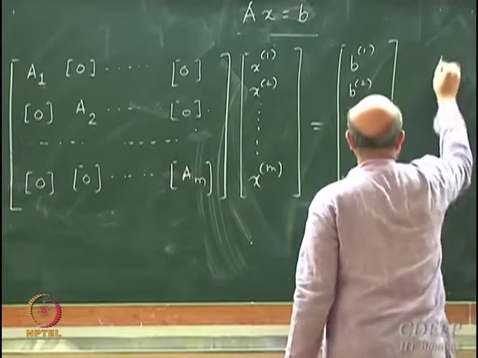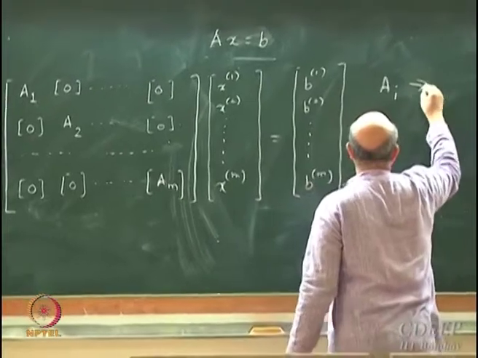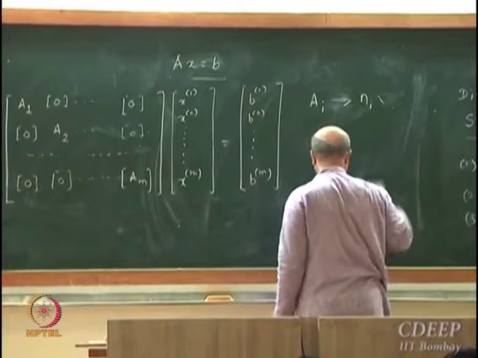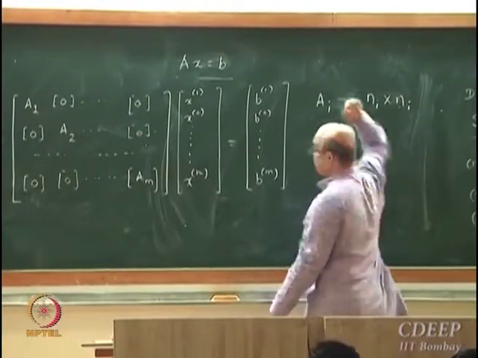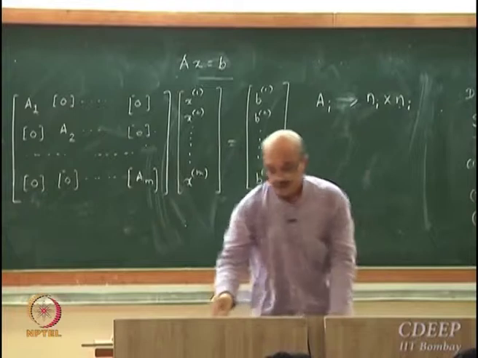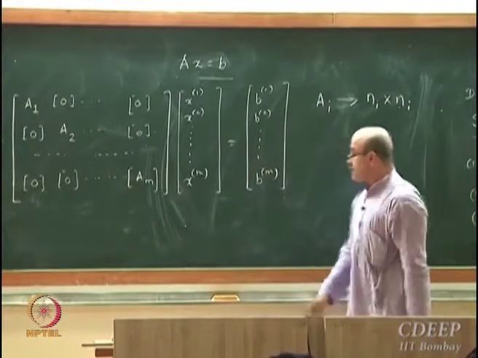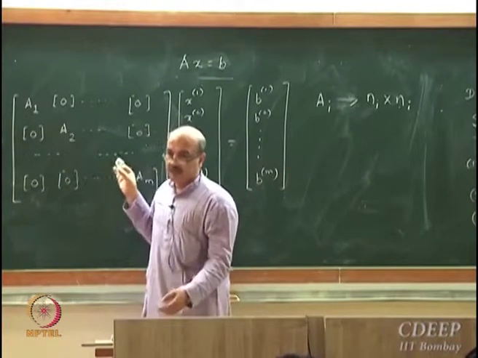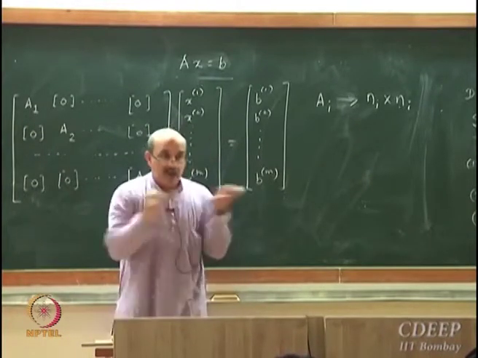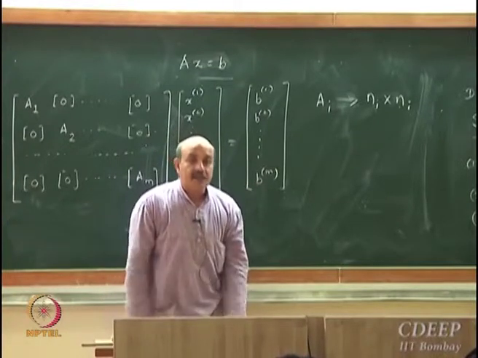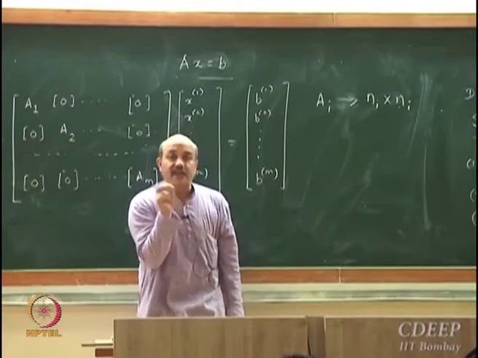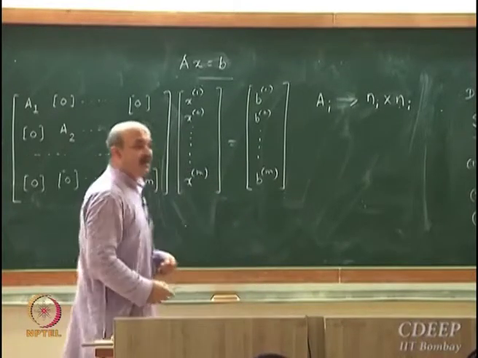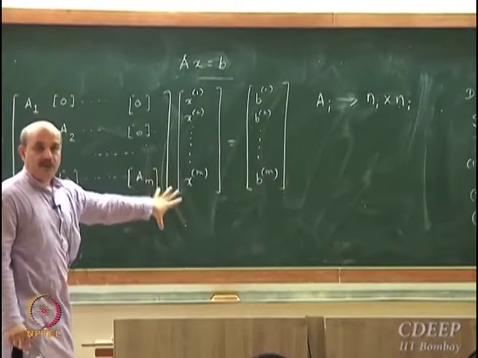Now what are these partitions? Well, my matrix Ai is a matrix which is Ni cross Ni. So this could be a 3 cross 3 matrix, this could be a 5 cross 5 matrix, next one could be a 3 cross 3 matrix. If you are doing orthogonal collocations on finite elements, on the first element you take 3 internal collocation points, next one you take 5 internal collocation points, and so on. You will get these matrices of different dimensions.